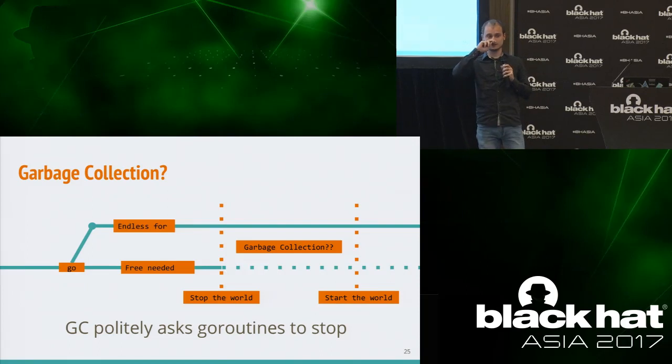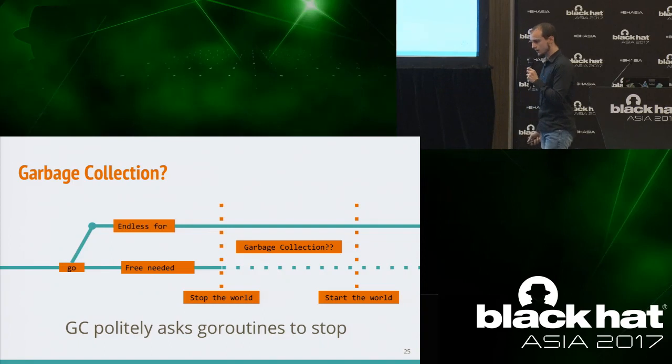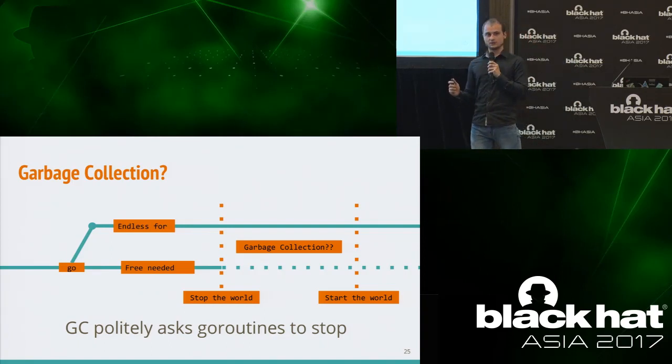So if you can find at least one Goroutine in a server that does not yield execution, you get to stop the entire server. And you don't even need to have it run an infinite loop, as in the previous examples.